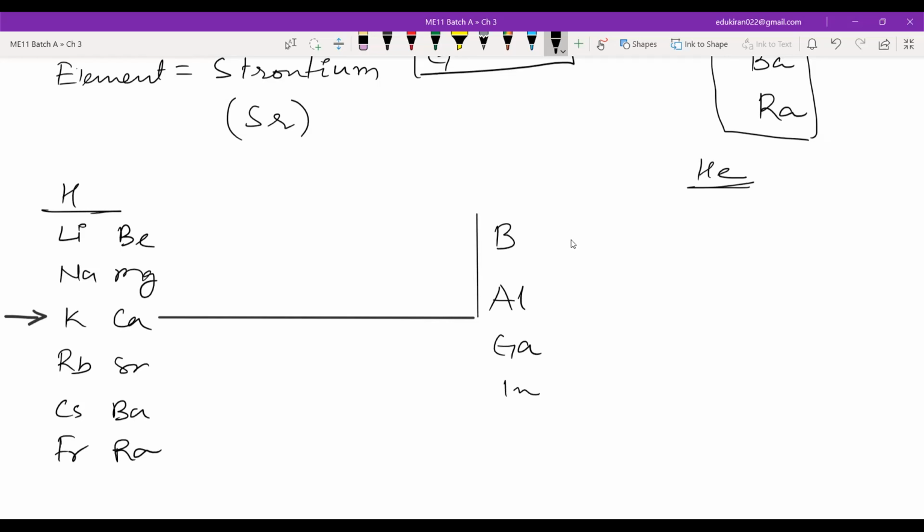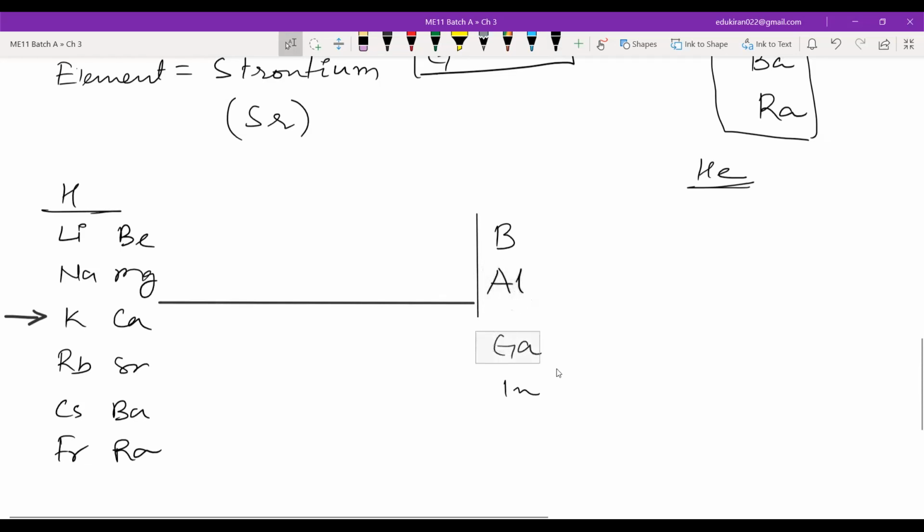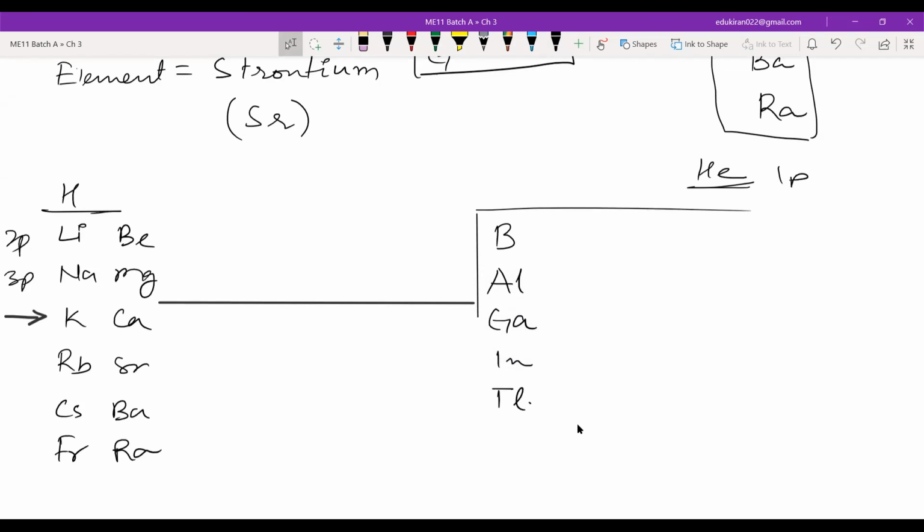Calcium should be a bit above. After calcium, this aluminium will be a bit above here. This gallium will be after aluminium here. This indium will be with strontium. So please remember that this is the first period, this is the 2nd period, this is the 3rd period. Now I will give you a few questions.